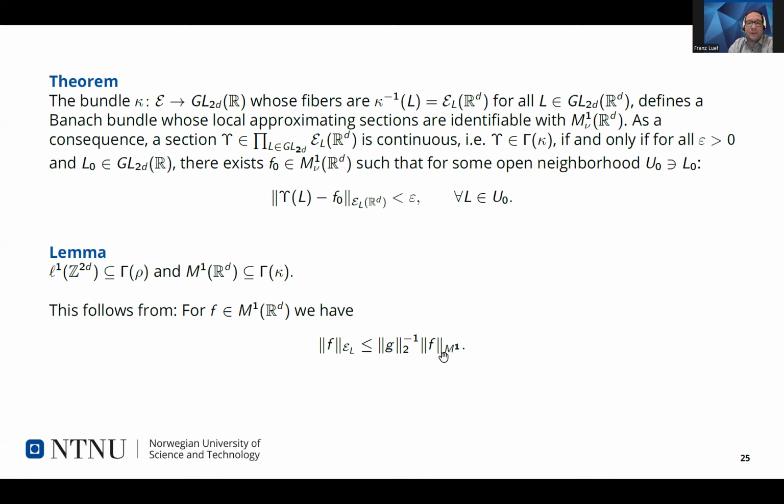And the main reason is because we have this nice control of the Heisenberg module norm in terms of the M1 norm, where this g is the thing that you use to define the norm. But this is independent of the g, so it's just a constant.